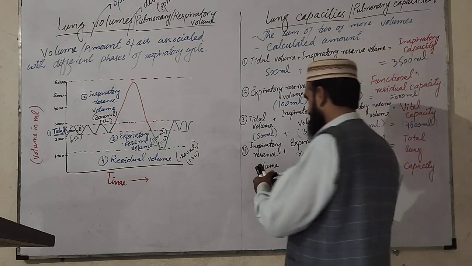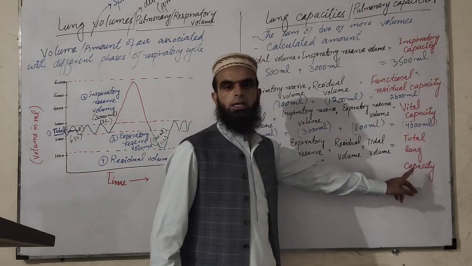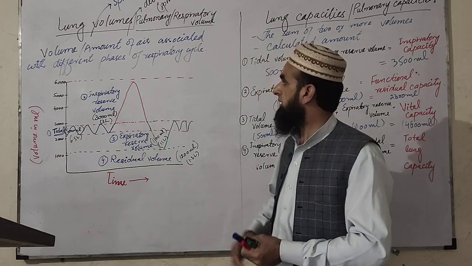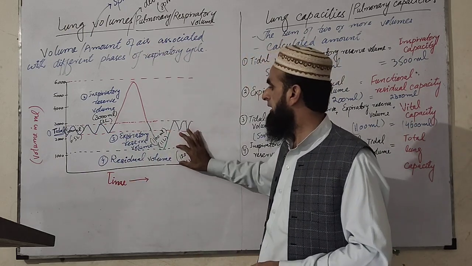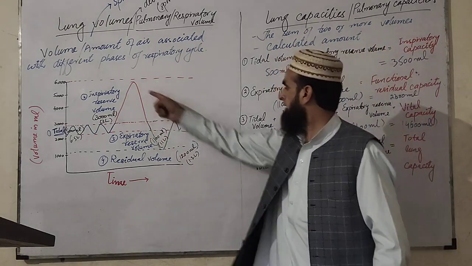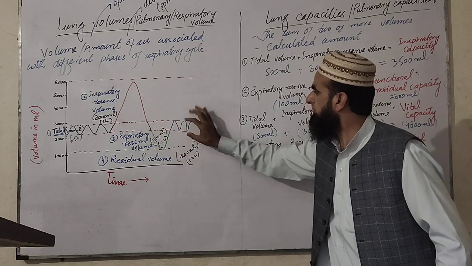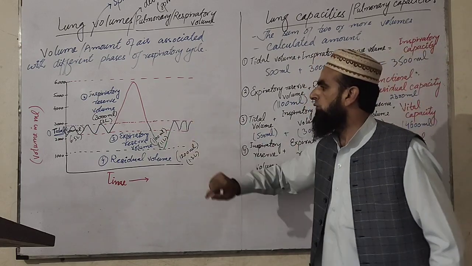And the last capacity is the total lung capacity. Total lung capacity is the whole amount of air taken in and out, plus that which is called residual volume. So this is the inspiratory reserve volume, then the expiratory reserve volume, then the tidal volume, and the residual volume.